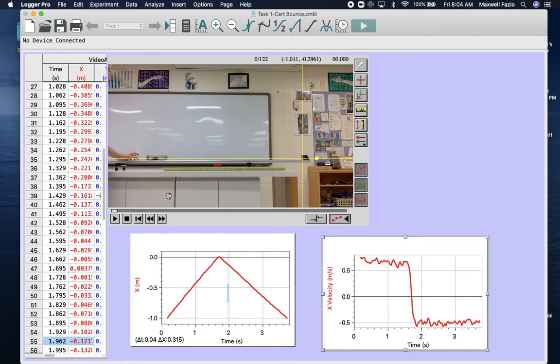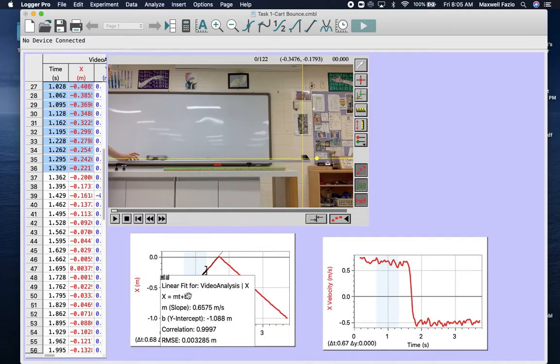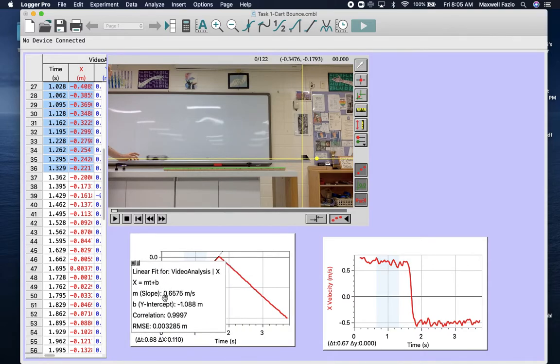Okay, so to use the x versus t graph to find the velocity while it's approaching the end, we can just fit a line and look at the slope. We can see the slope there is about 0.66 meters per second. Now for part F, it asks us to find the velocity using this graph, and if we look, on average it's right around the same, about 0.65, 0.67.